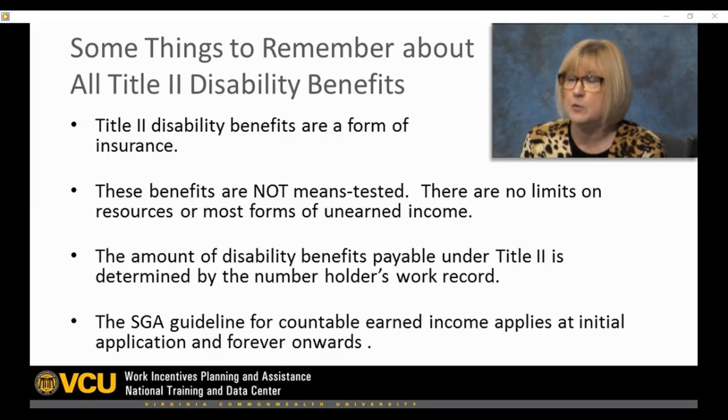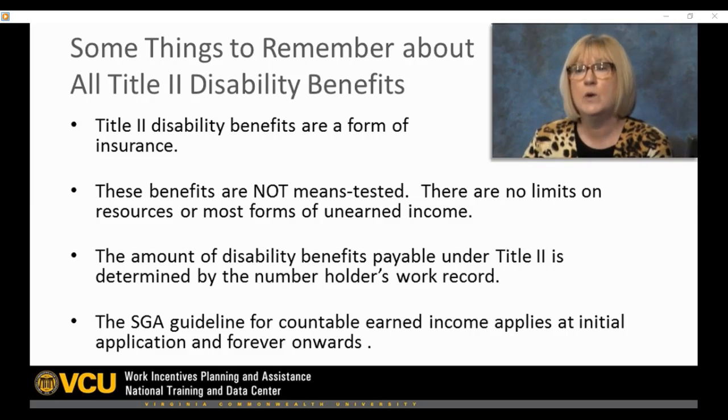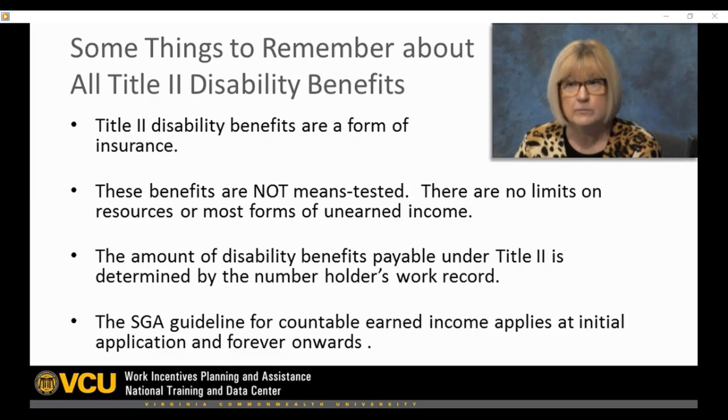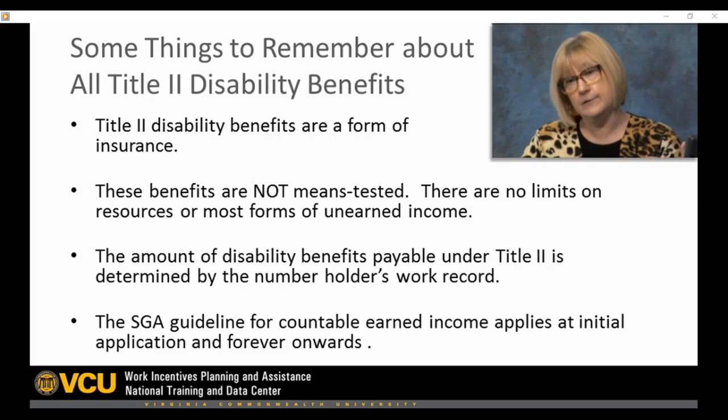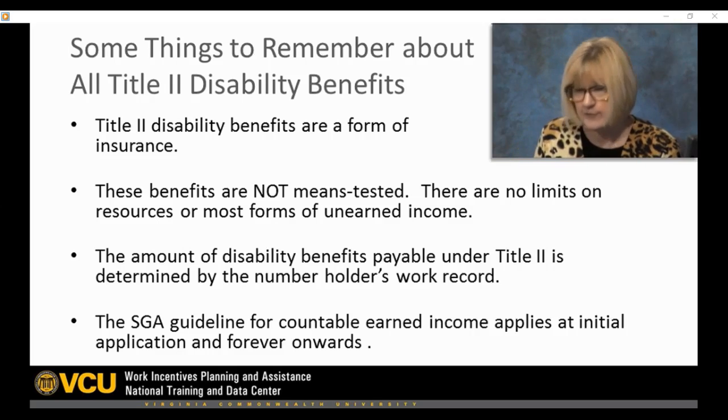And so if you are able to support yourself by working, then you may not be eligible for these benefits. So Social Security will look at countable earned income when making this determination, and that's all based on comparing it to a guideline, the Substantial Gainful Activity Guideline. And again, there are numbers associated with the guideline. We are not putting that in the lecture. We have provided you with supplemental materials that show you the SGA guidelines for this year and then for past years so that you have that information to refer to.